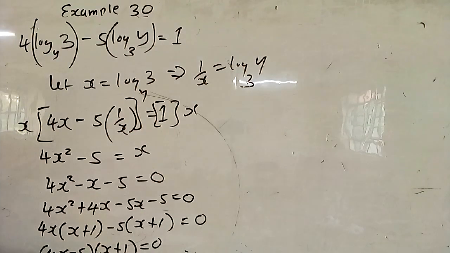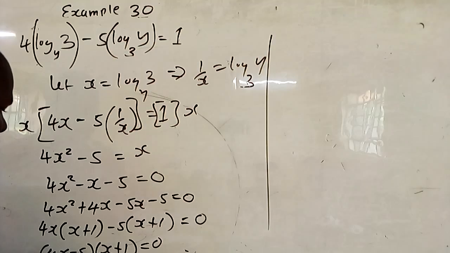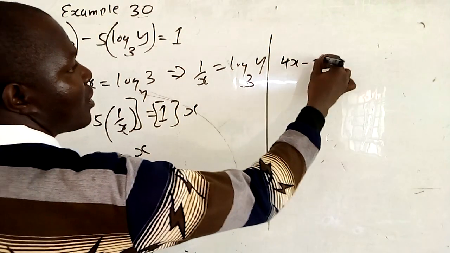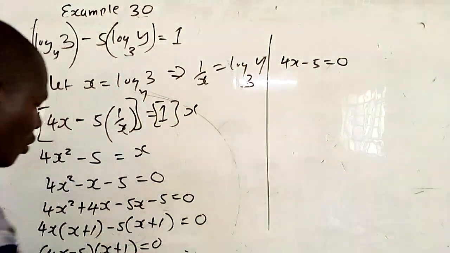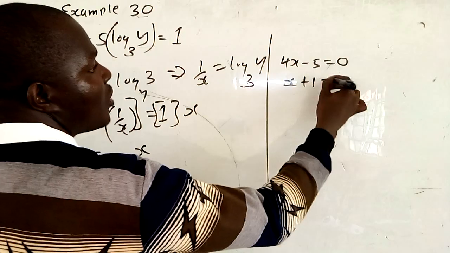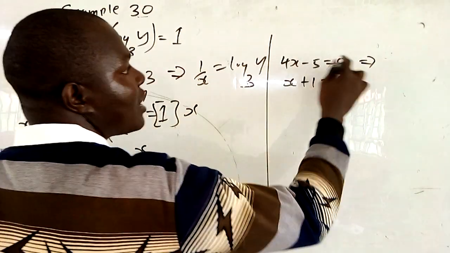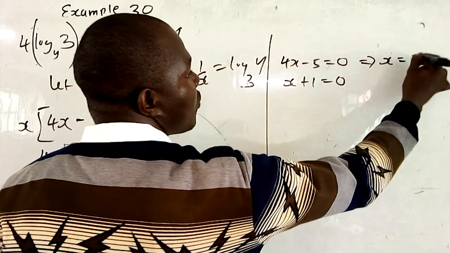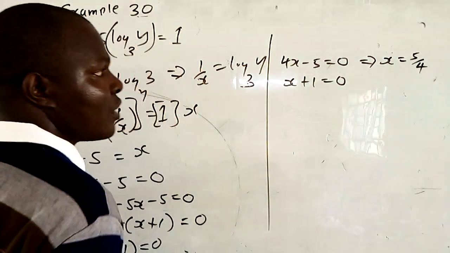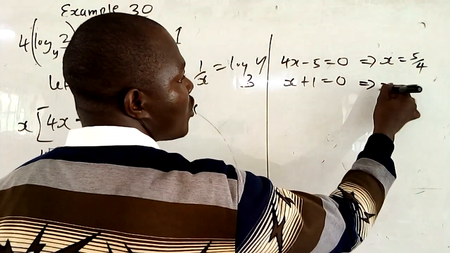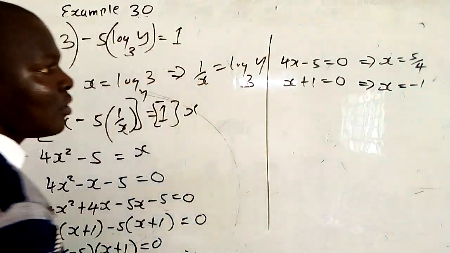So it is either 4x minus 5 equals 0 or x plus 1 equals 0. So this implies 4x is equal to 5, then you divide both sides by 4, you get x is 5 over 4. Here you take 1 to the other side, you get x is equal to negative 1.